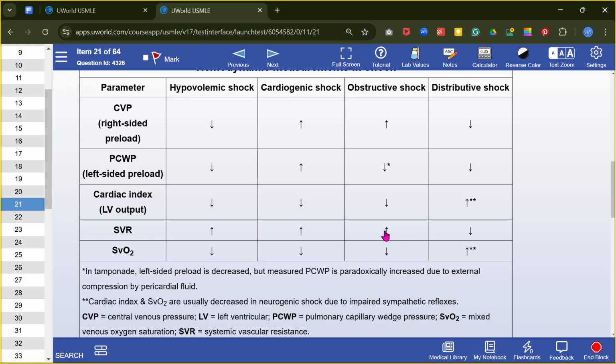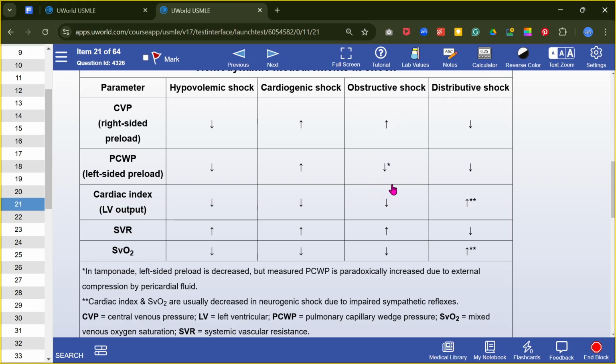Okay, I am talking about what? I am talking about this cardiogenic shock. Look, no, sorry, obstructive shock. The causes of obstructive shock are cardiac tamponade and tension pneumothorax, isn't it?